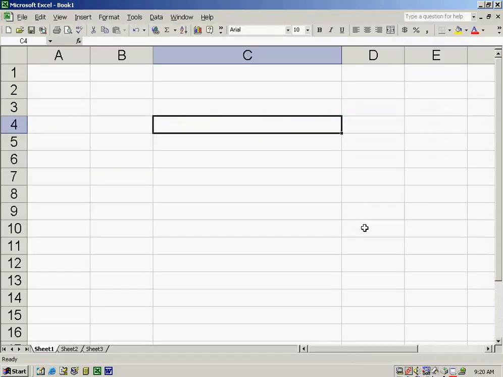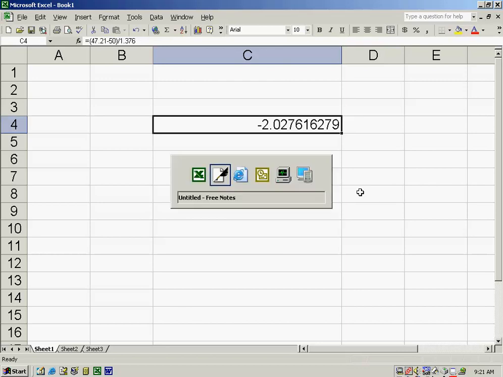Going to Excel now to work this out. This equals 47.21 minus 50, close parentheses for the top line, the numerator, divide by the standard deviation, 1.376, and that's a negative 2.028 to 4 significant places.